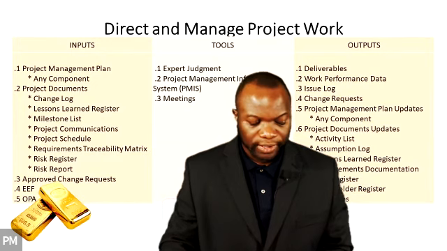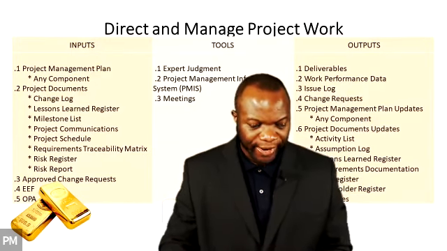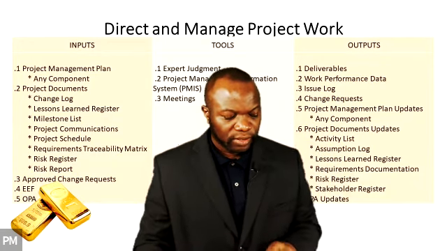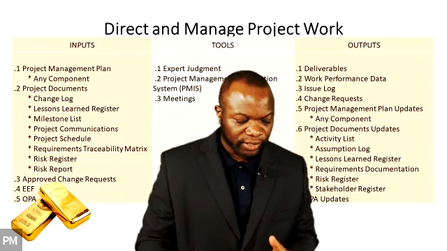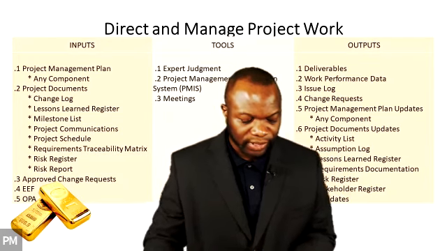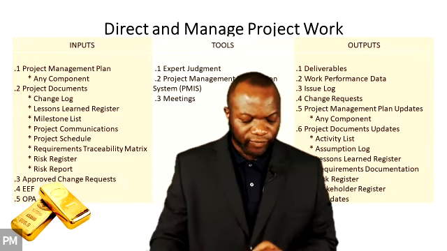The issue log is a project document where all issues are recorded and tracked. Data on issues may include issue type, who raised the issue, description, priority, who is assigned to the issue, target resolution date, status, and final solution.